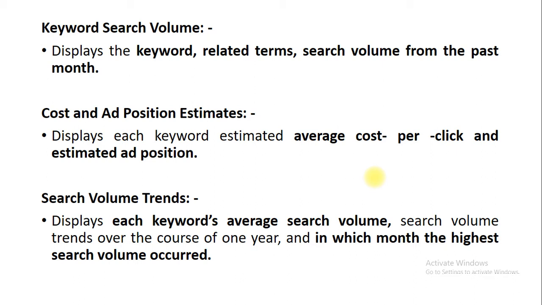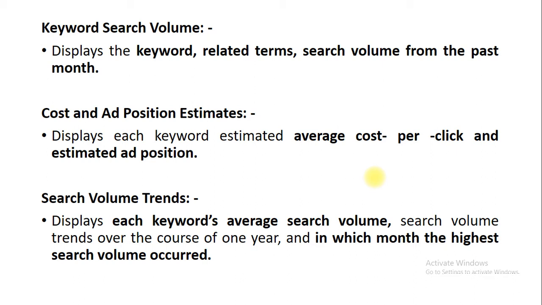Next is called search volume trends. It displays average search volume trends over the course of 1 year and in which month the highest volume occurred. We have taken the example of Valentine's Day cards. So in the month of February you have the highest volume on that particular keyword.